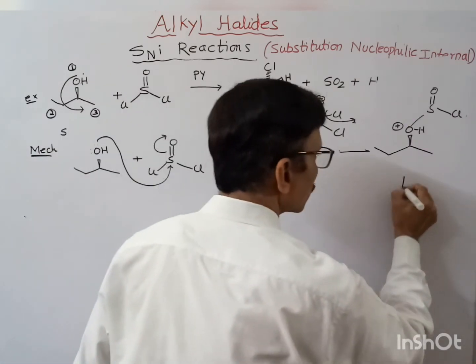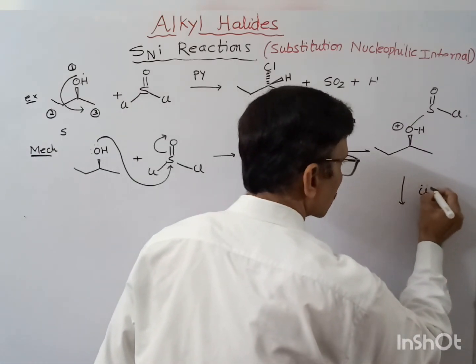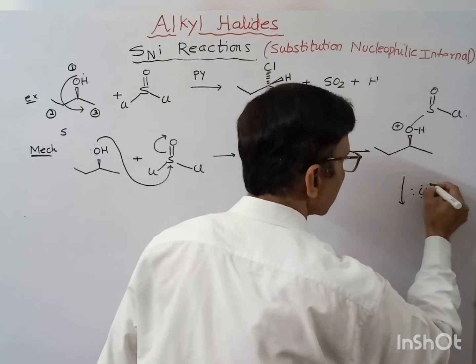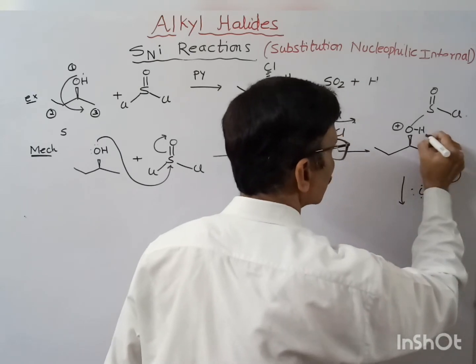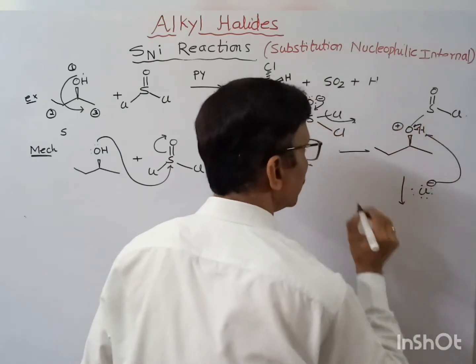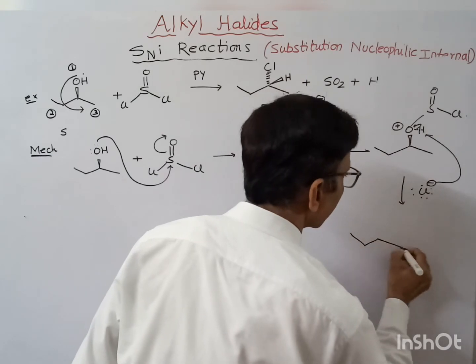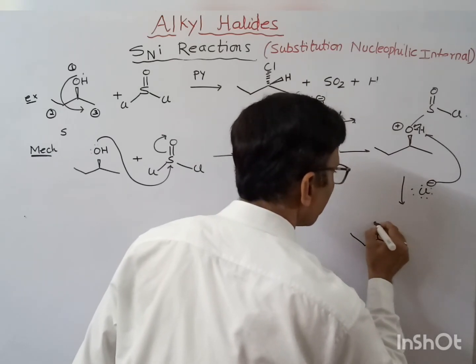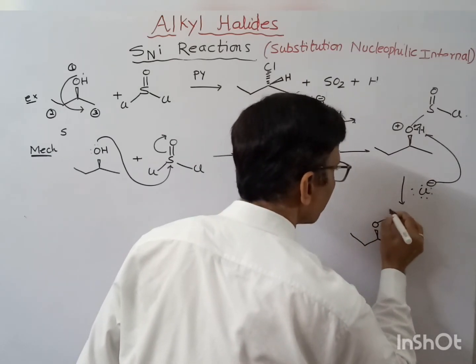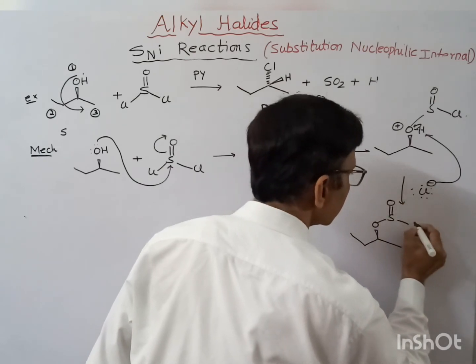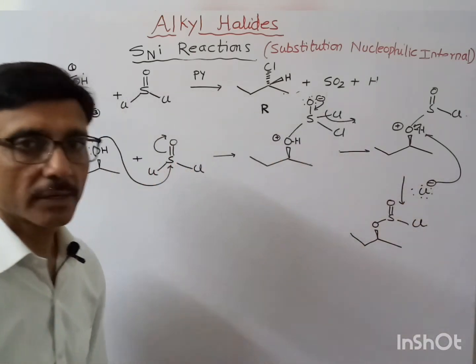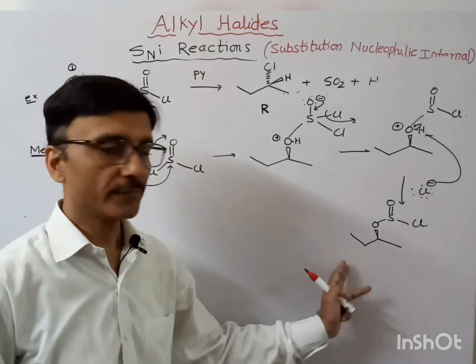Now in the next step, what I told you, the chloride ion will act as a base and it will extract the proton, and the positive charge would be neutralized. So up to here, as you can see, the mechanism is the same as before.